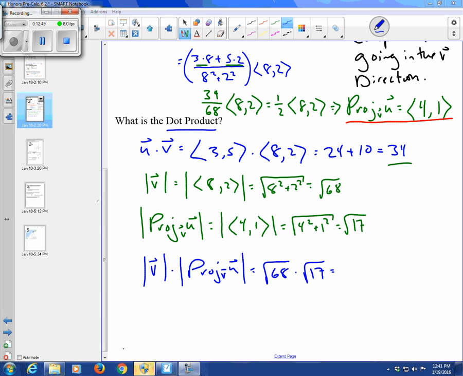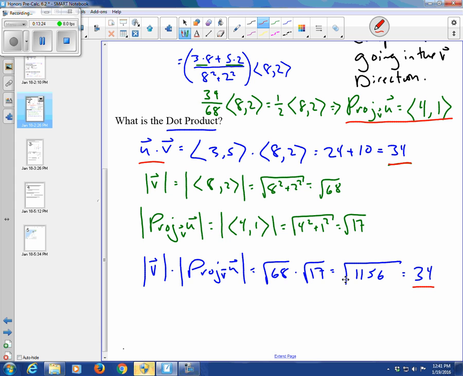And if we type that into the calculator, that's going to be the square root of 1,156. And if we evaluate that in the calculator, that's going to be 34. So what we're seeing is that the dot product of u and v is the same as the product of the magnitude of v and the magnitude of the projection of u onto v, right? And that's really what we're seeing here when we take the dot product.